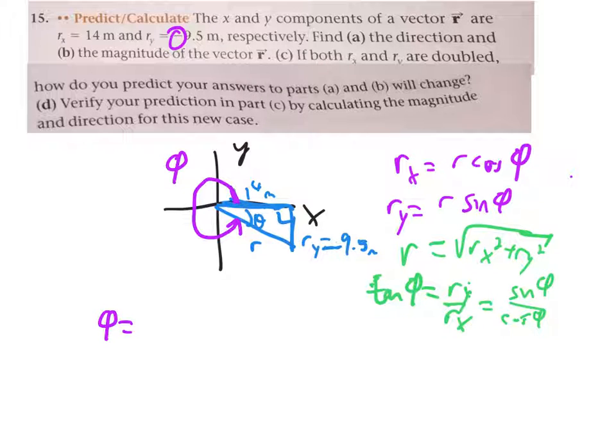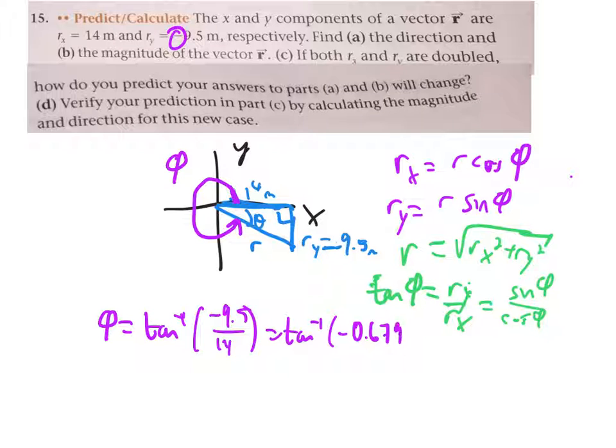So phi is the inverse tangent of minus 9.5 over 14, which is the inverse tangent of minus 0.679, and therefore phi is approximately minus 34 degrees. And actually, if we gave the angle as minus 34 degrees, we would be okay.